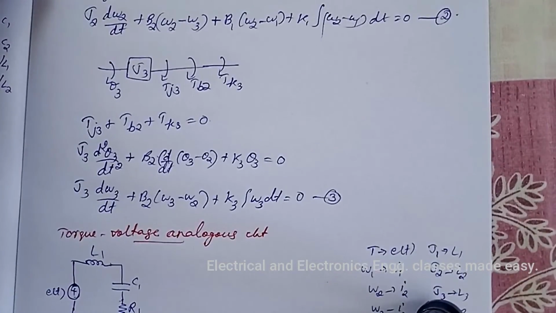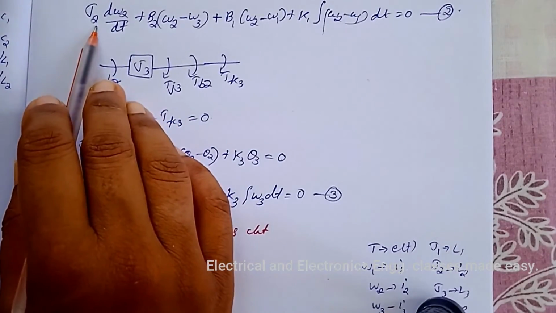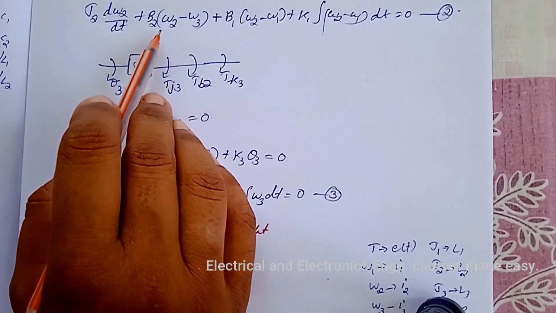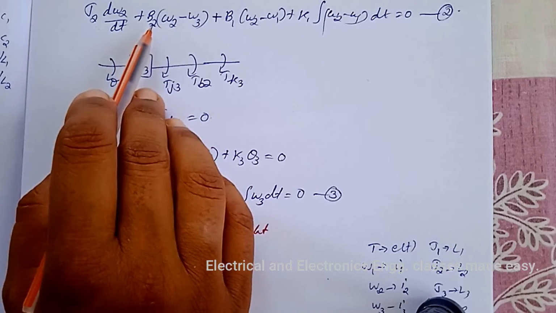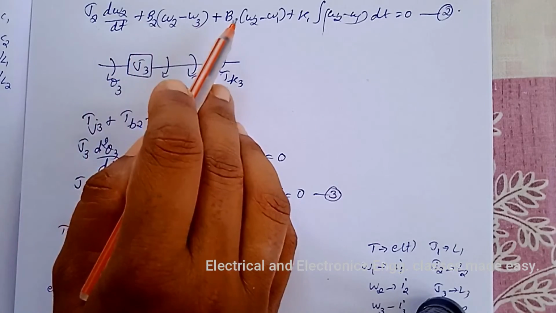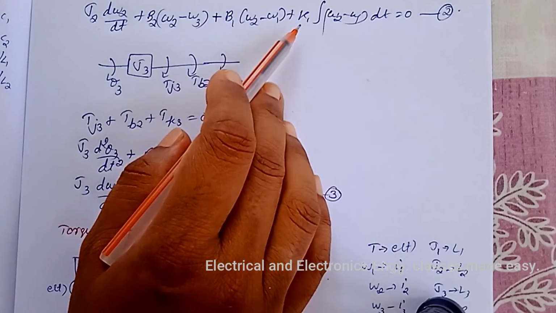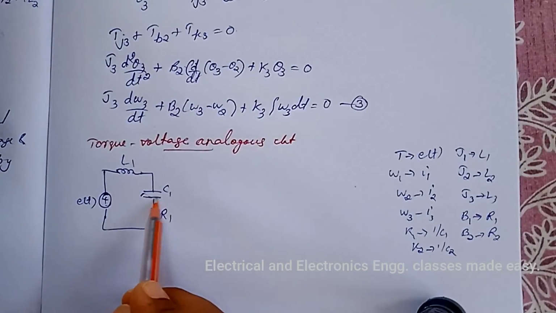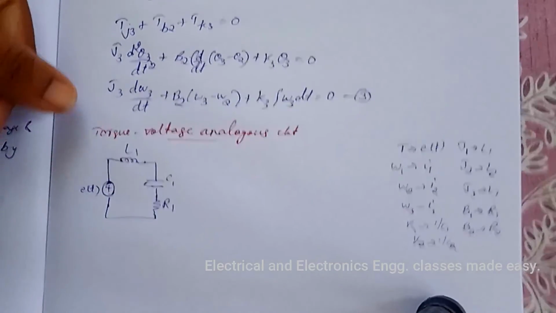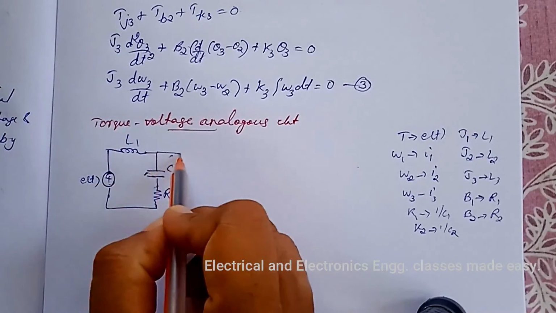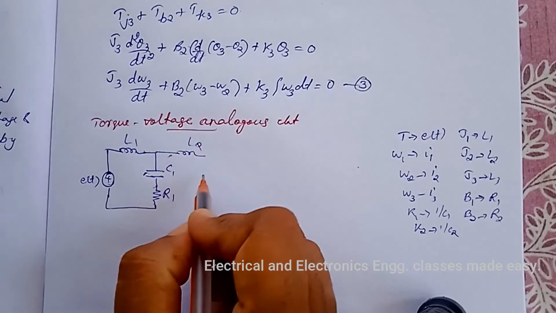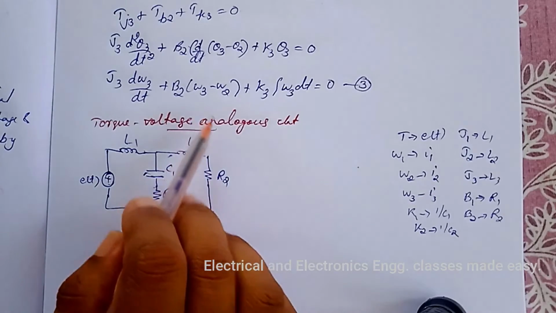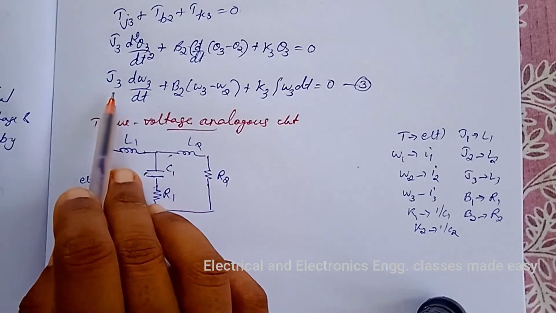Then for the second loop there will be J2. J2 is L2, then B2, that is R2, and this R2 is common element, then there will be B1 and K1. So these two are common elements that we have already drawn. So here we have to draw this L2 and common R2. Then in the third loop there will be J3.